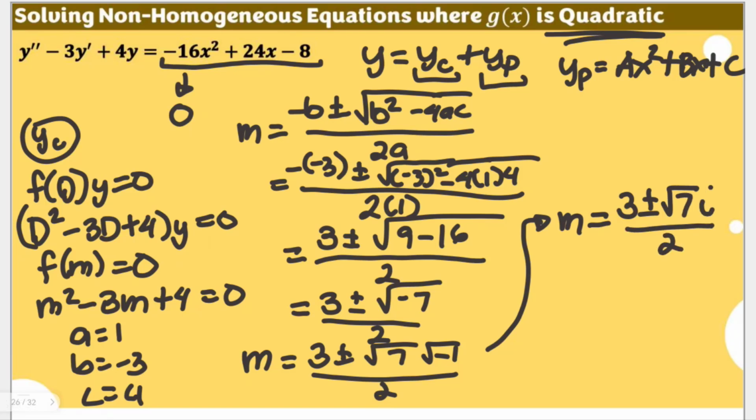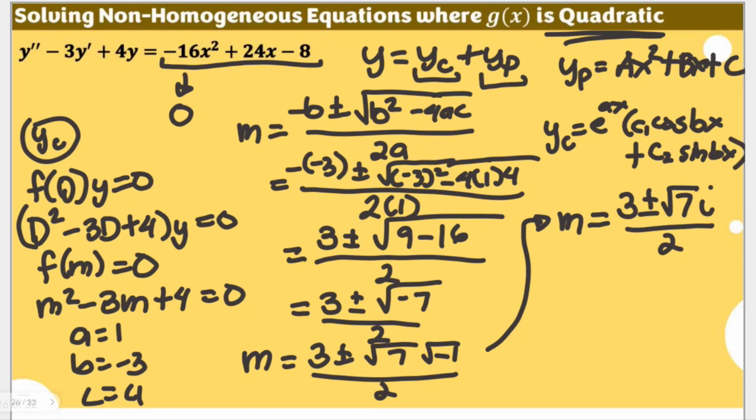These are the roots, and since obviously our roots are imaginary, we are going to use the general solution for an auxiliary equation having imaginary roots. The general solution follows this form: y sub c equals e to the power of ax times c sub 1 cosine of bx plus c sub 2 sine of bx.